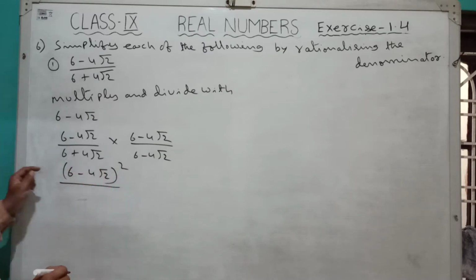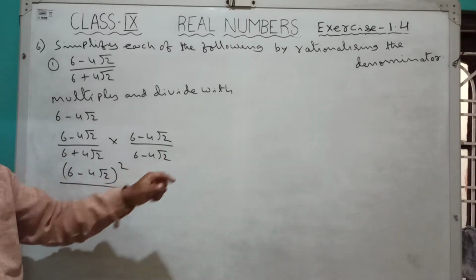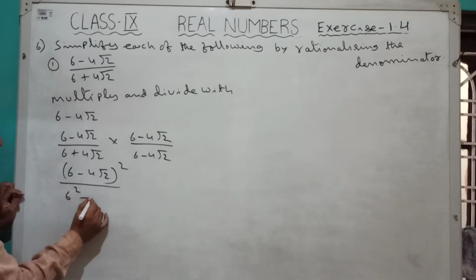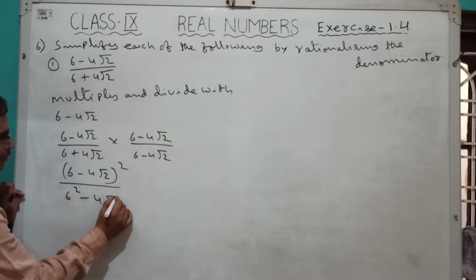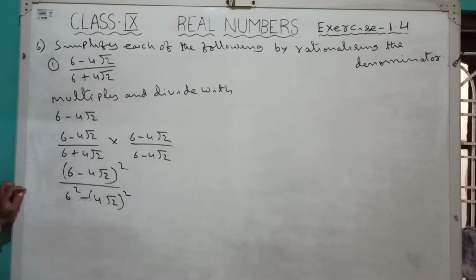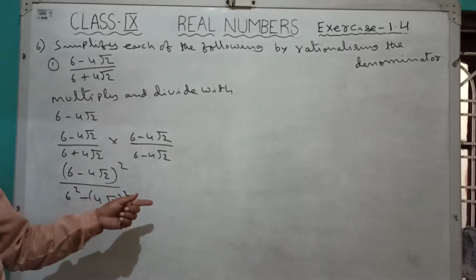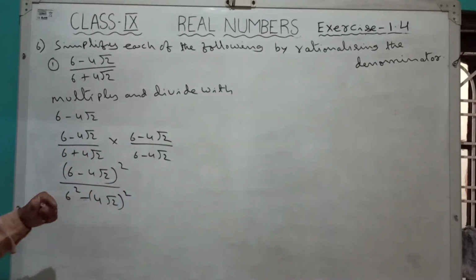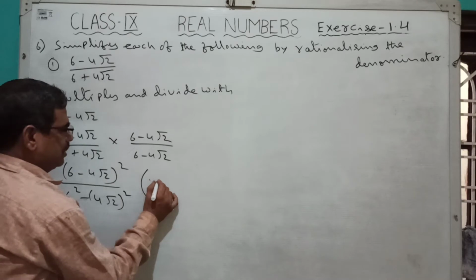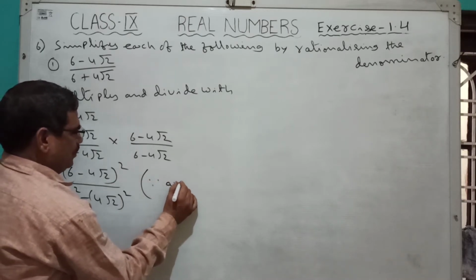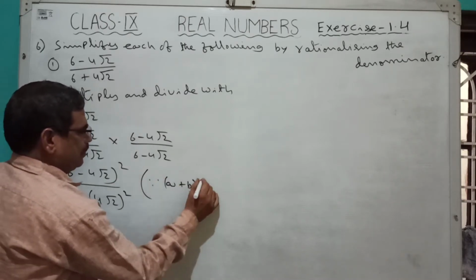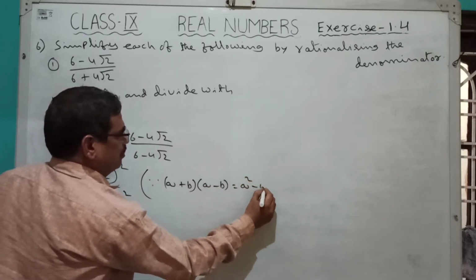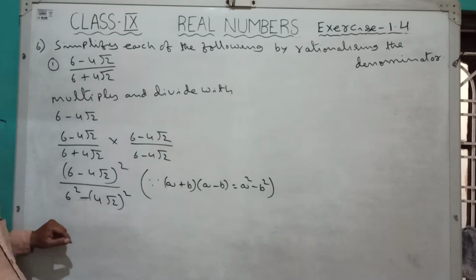In the denominator, a plus b into a minus b, so that is a square minus b square. Here I am using this formula: a plus b into a minus b is equal to a square minus b square.